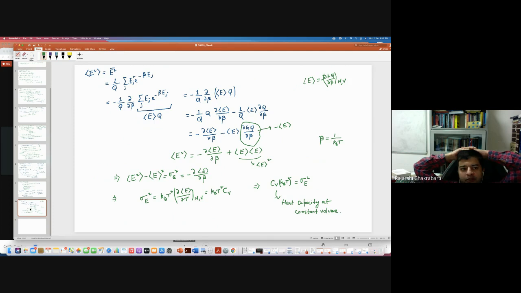We'll see what that is. In the next class, we'll start dealing with this. This is called fluctuations and response function. See, this heat capacity is a kind of response function, and sigma E square is a measure of fluctuation. So the equilibrium fluctuation is related to some kind of response function.